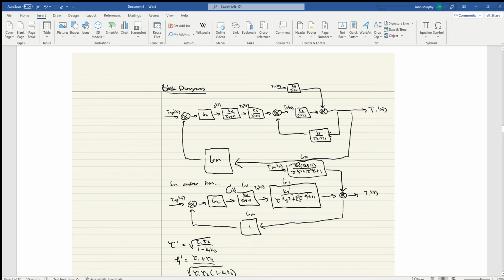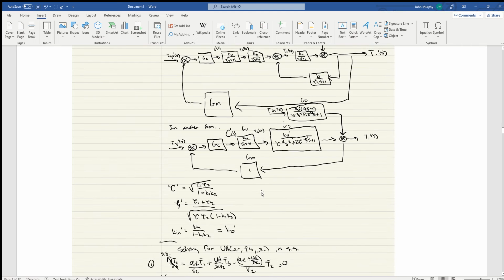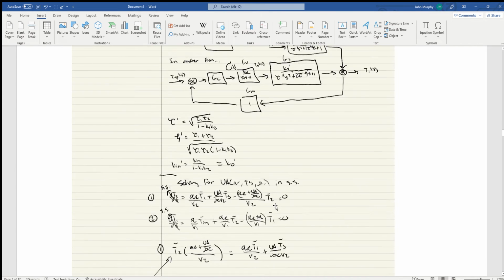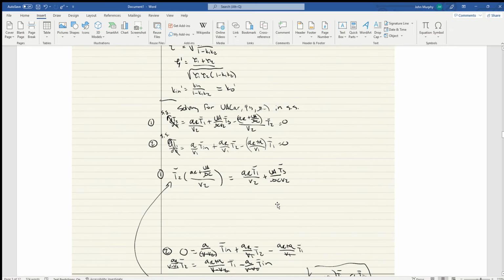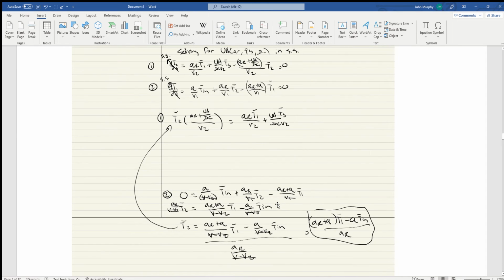So it's going to be Ks prime over tau prime squared s squared. You go through that and you get our new time constant, our new zeta, our new K value, which is really not used until the fifth part. Then we go ahead and solve for UA, and this is going to be used later on.